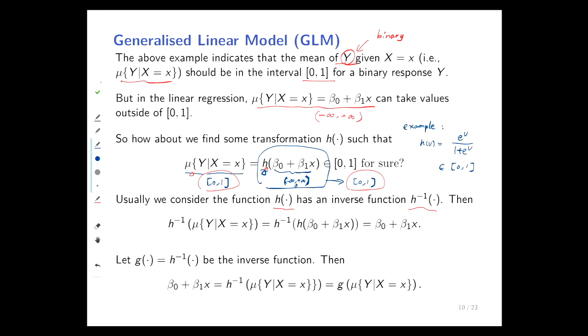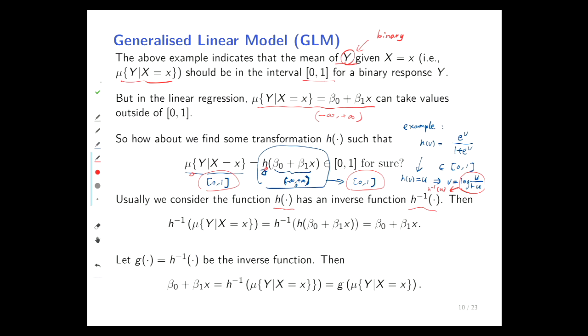For instance, if we have the function h(v), you can let h(v) equal u, and then solve for v. If you solve for v here, v equals log of u divided by 1 minus u. So this log here is the inverse function. This is our h inverse of u.